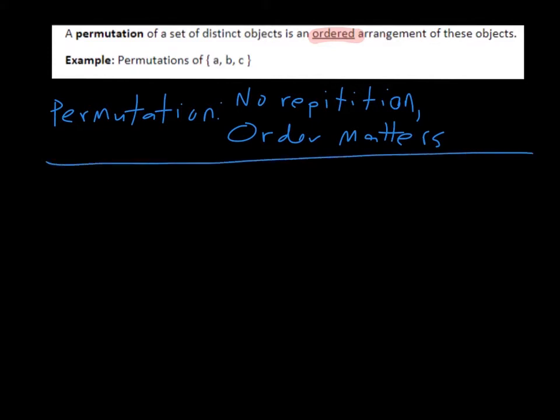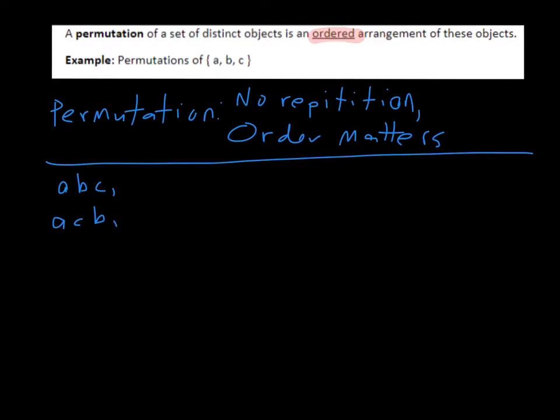If I want to look at all of the permutations of the set ABC, what I want to do is figure out the different ways I can arrange the letters A, B, C, where the order matters. First of all, I could just have A, B, C, that's one permutation. Or I could have A, C, B, that's different because the B and the C are swapped.